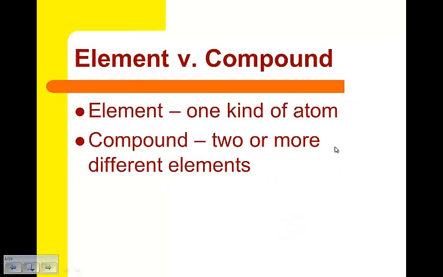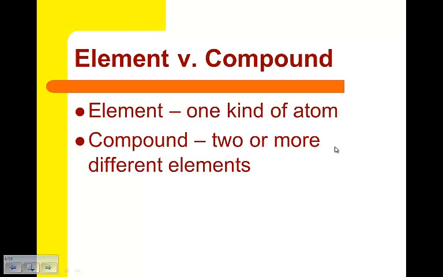Here we go. Let's first cover element versus compound. An element is one kind of atom, and a compound is 2 or more different elements. Remember when we looked at the compound light microscope? Part of the reason why it was called a compound light microscope is because 2 different lenses work together. That was the ocular lens and the objective lens.